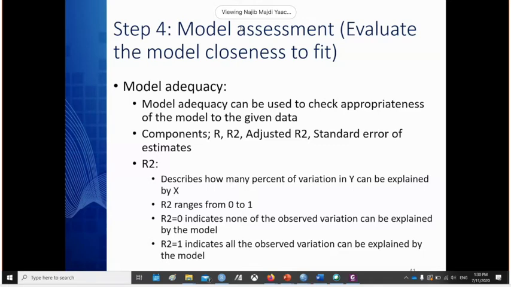The other way around, if none of the variation of Y can be explained by this one independent variable, then the R square value becomes 0. So R square can range from 0 to 1, where 0 means 0% and 1 means 100%. A higher R square value indicates a better fit of the model.